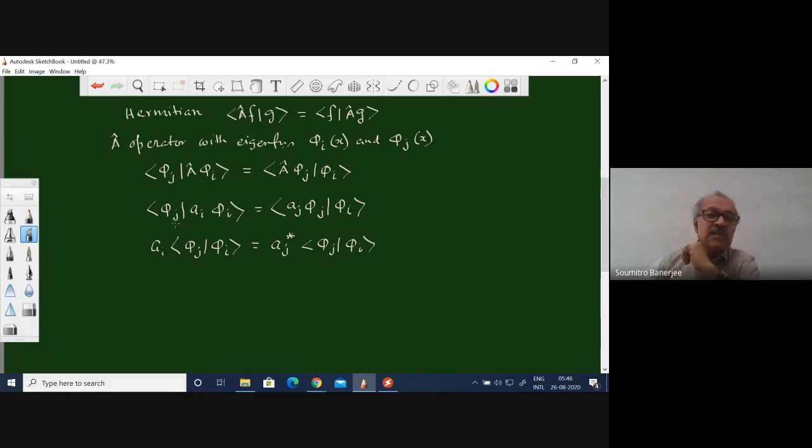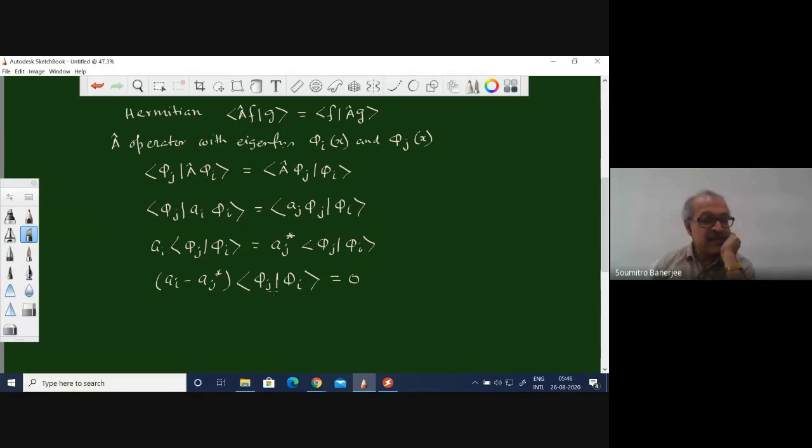I can then put these together and write (ai minus aj star) <φj|φi> is equal to 0. Here are two things whose product is equal to 0, therefore either of them must be equal to 0. There are two conditions: i equal to j and i not equal to j.